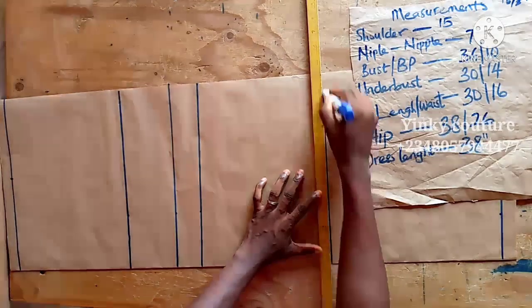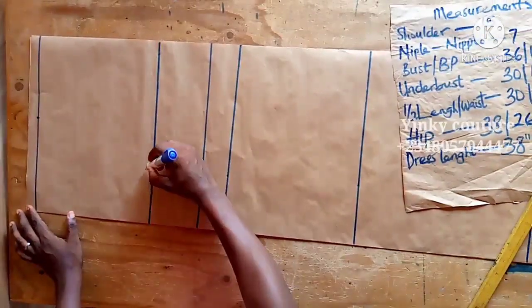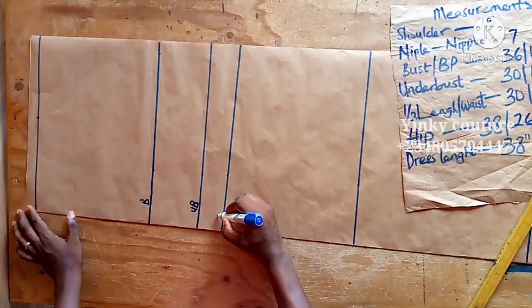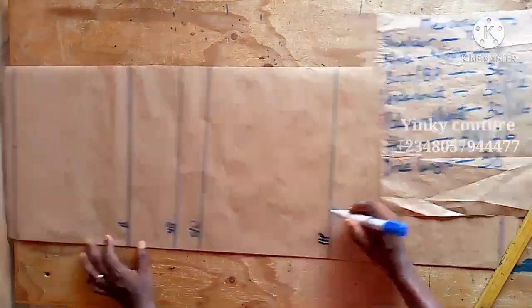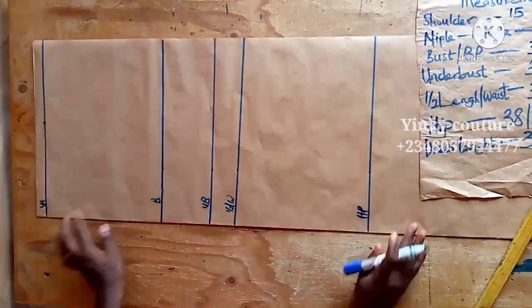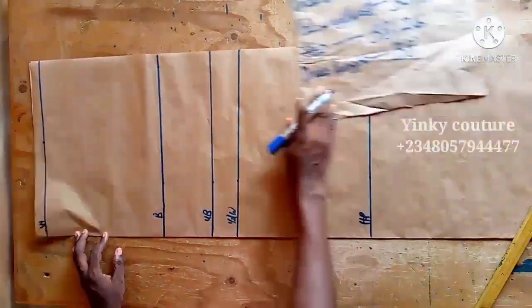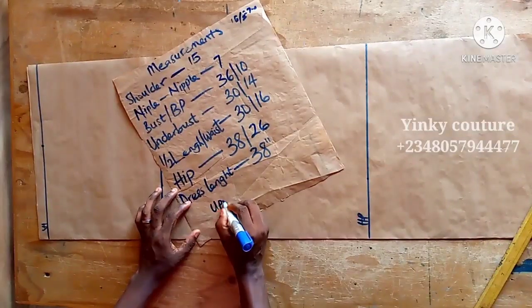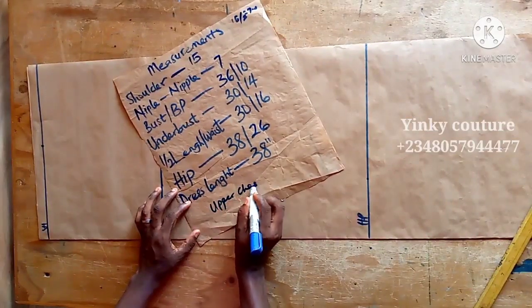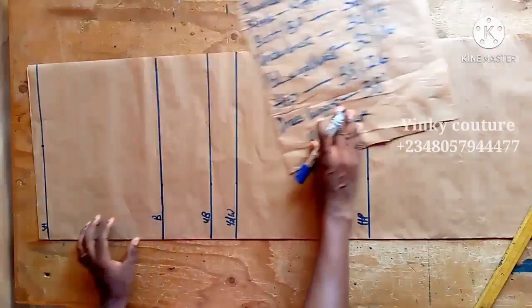I'm indicating that with my straight ruler. All the vertical measurements are indicated with the straight ruler and labelled. The bust is B, under bust is UB, half length or waist, hip is HP, and the shoulder is on the starting line.